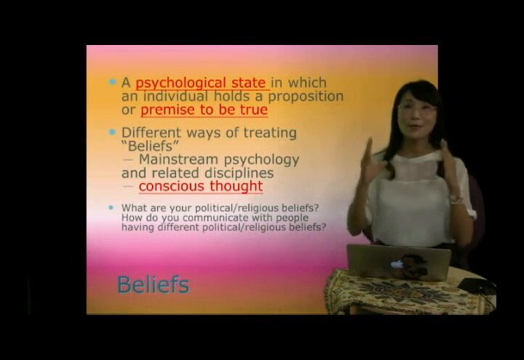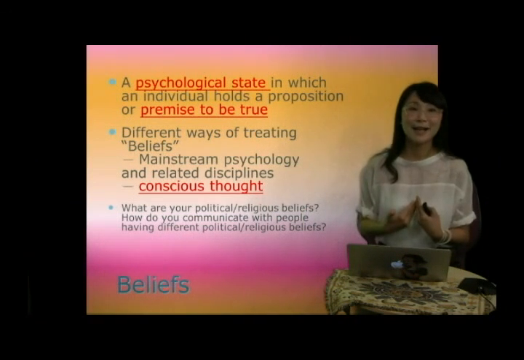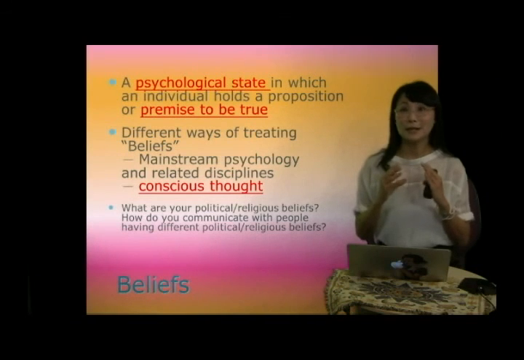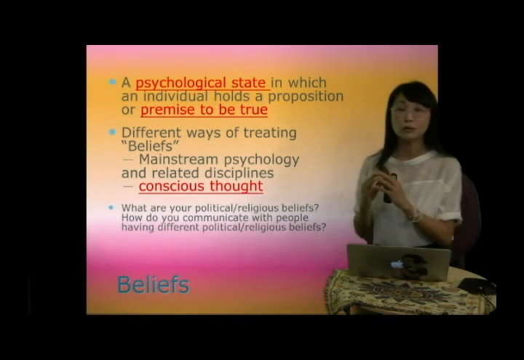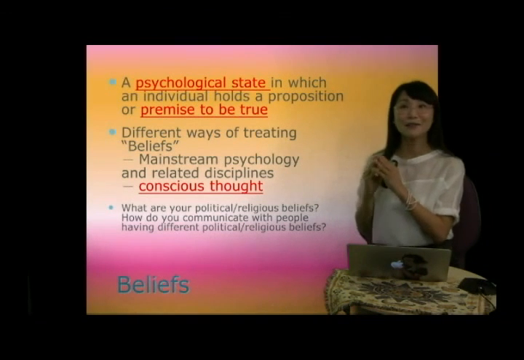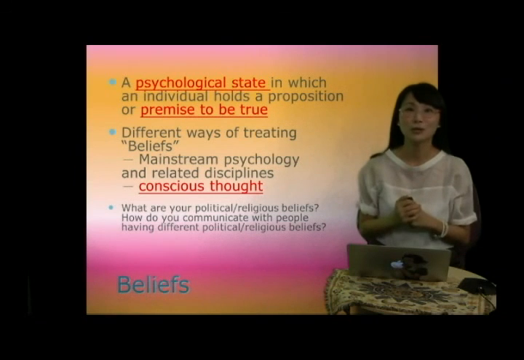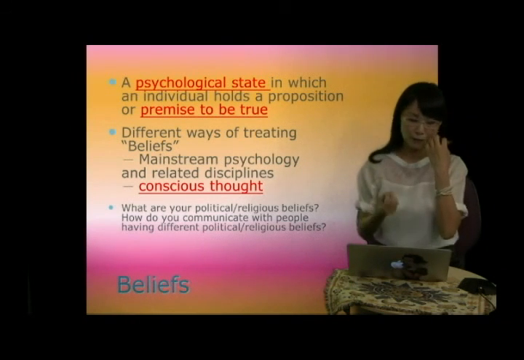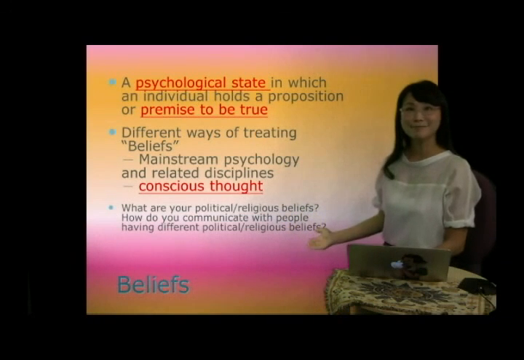It means something which is constructed in people's minds. This belief, this thinking, all these thoughts may not be true to the reality. However, in people's minds, they believe this is true. Okay, so what do we call them? Beliefs.